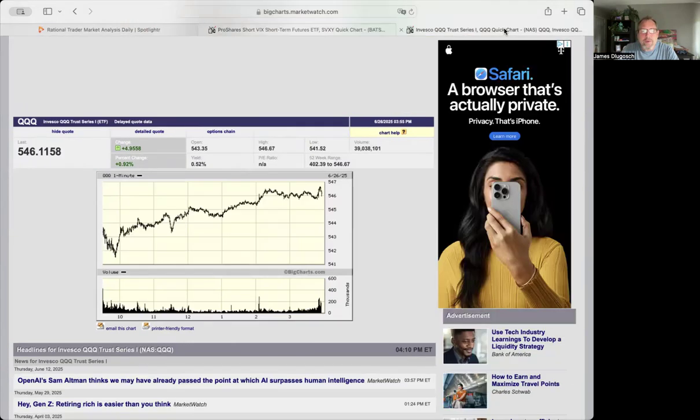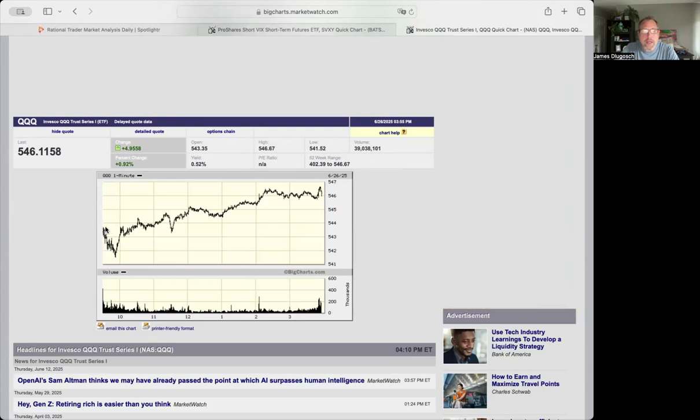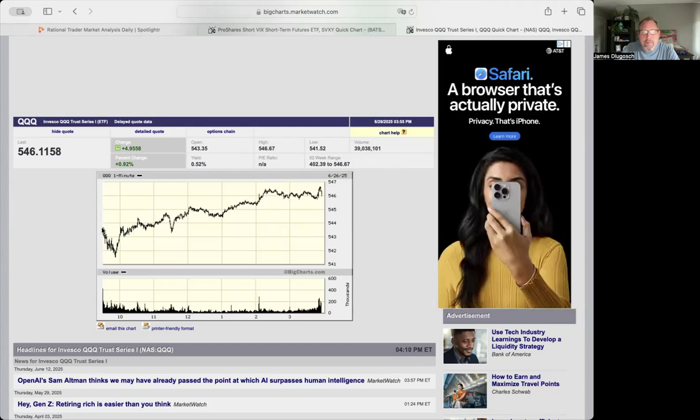Now, what's interesting, you can see on the Qs here that that window of opportunity had dissipated right at the open. And I'm very glad I didn't place my trade in the Qs, because the Qs sold off in the first 30 minutes of trading by about 35 basis points. Now, one doesn't know, this is the one-day chart, and it certainly corrected, but I'm trying to block it out.